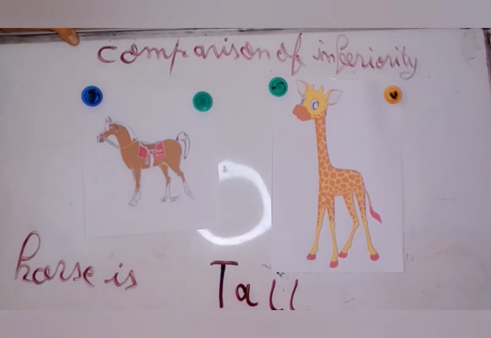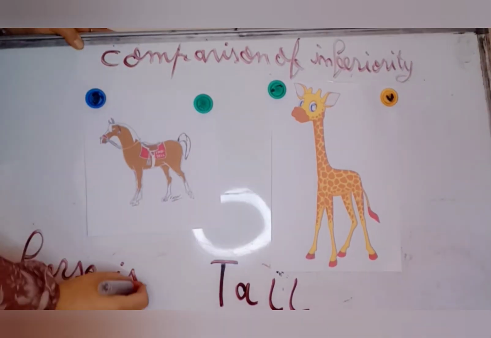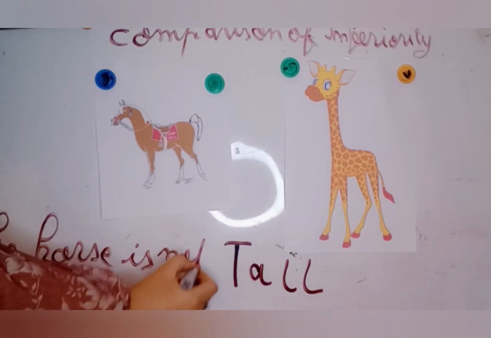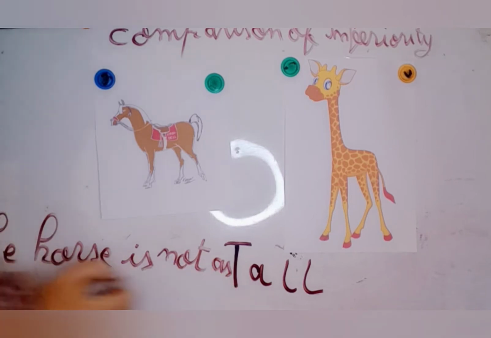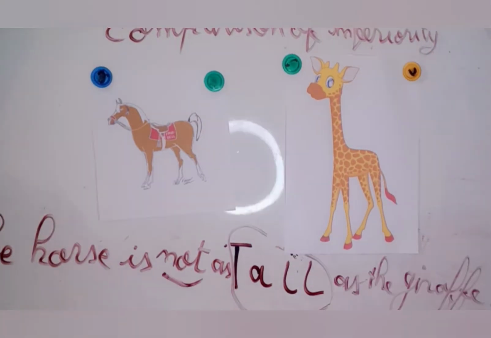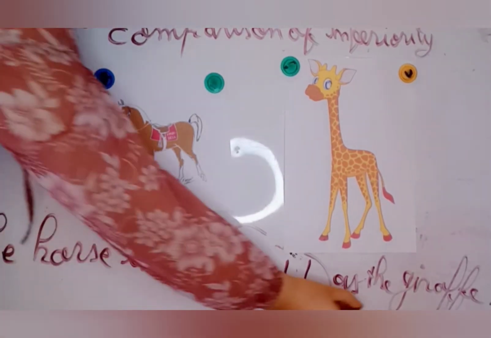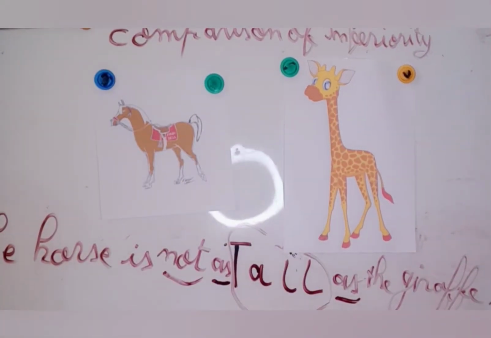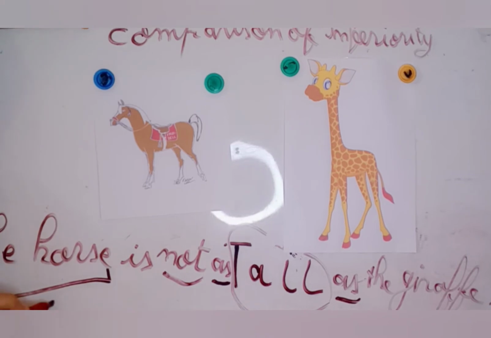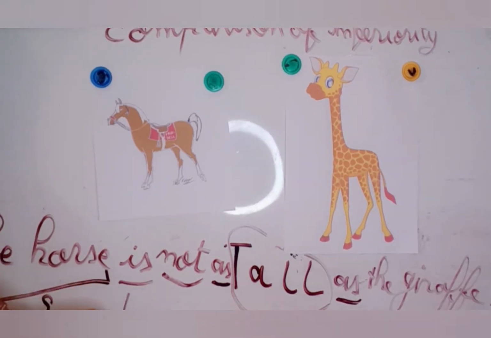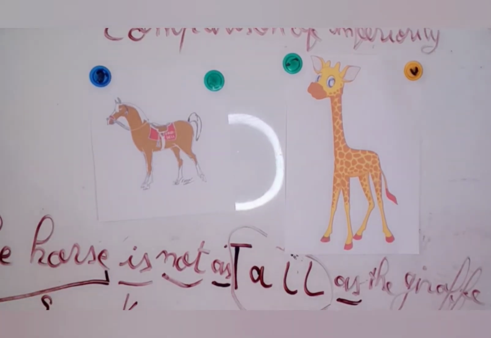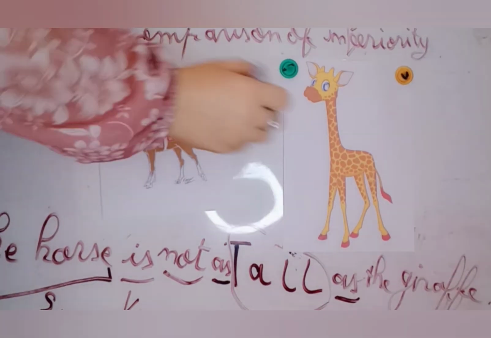Is, we add not here, not as tall, because it is inferiority. We say not as, the connectives, as the giraffe. It's the first subject, and here we have a verb. The tool of negative, not.